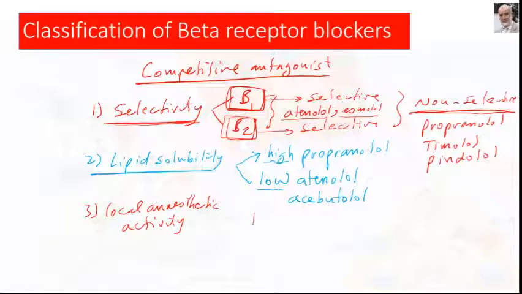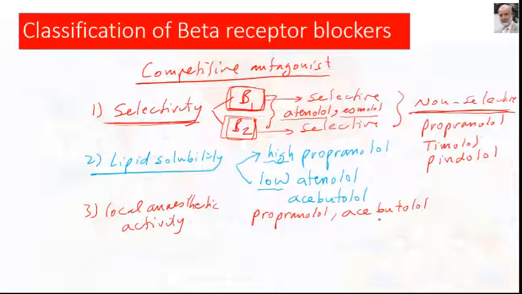Maybe the most famous example is propranolol, which is the prototype, and as well acebutolol. So propranolol and acebutolol are beta blockers with local anesthetic activity.